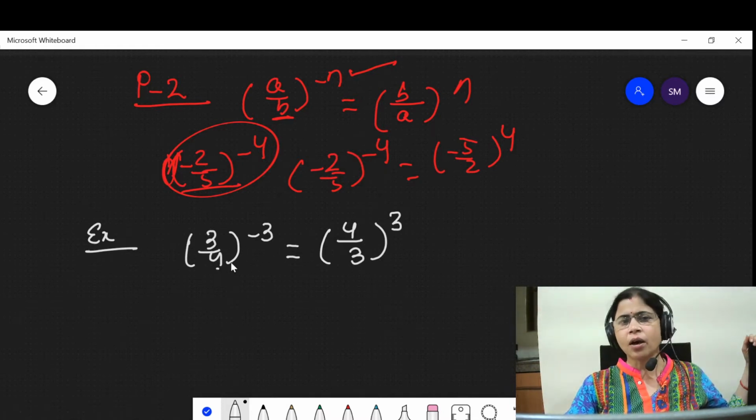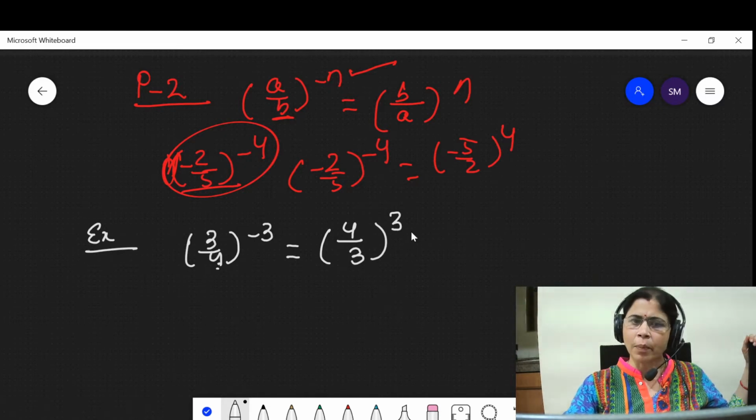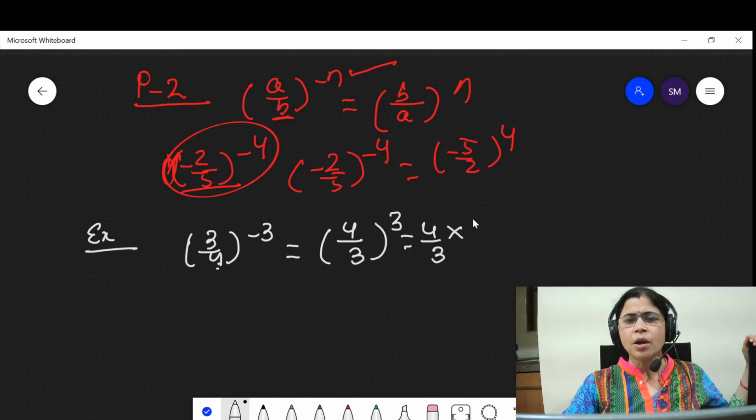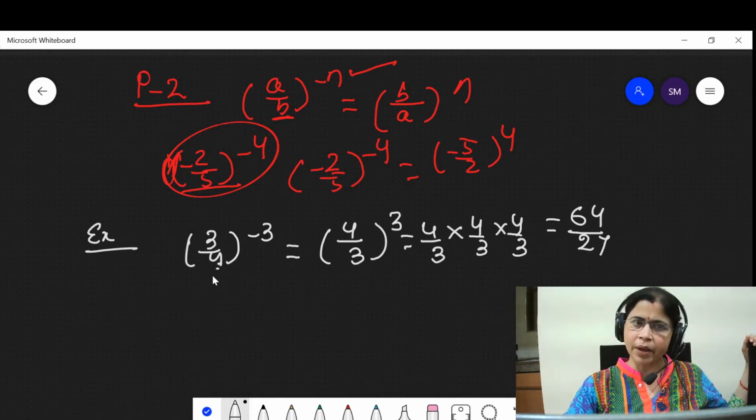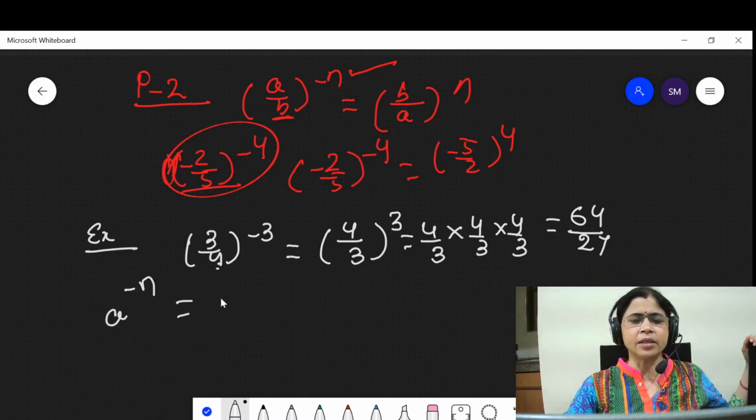Take the reciprocal of the base. 3 upon 4 to the power minus 3 is equal to 4 upon 3 to the power 3. Then easily we can find 4 upon 3 into 4 upon 3 into 4 upon 3, which is equal to 64 upon 27. Any doubt?